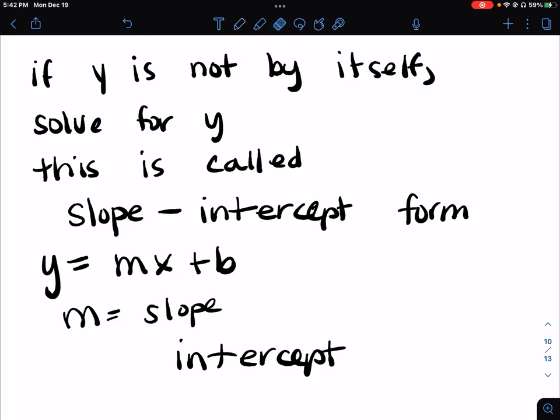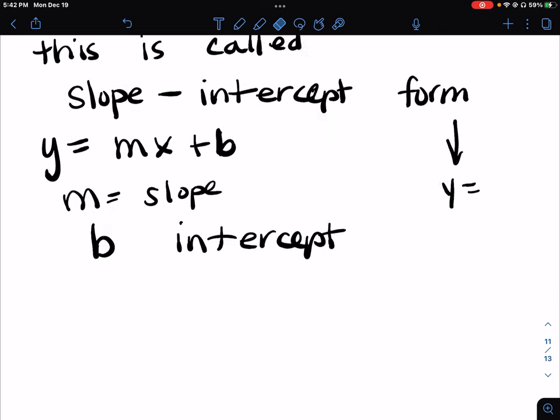That b could look a little neater. Okay, that's a b. But the slope-intercept form, it has to be y equals. Okay, slope-intercept form, you have to have y by itself, y equals.